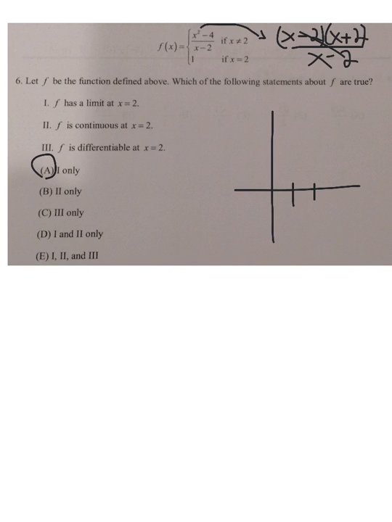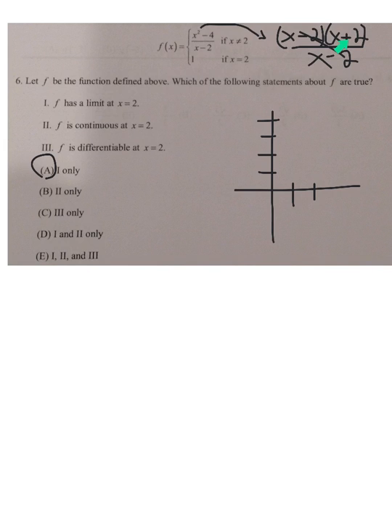So if I just do a brief sketch, nothing crazy, what I do notice here is that this is the line x plus 2, but notice x can't equal 2 here. So that's going to mean that we have an open circle. And if I plug in the x value of 2 here, I'm going to get 4.